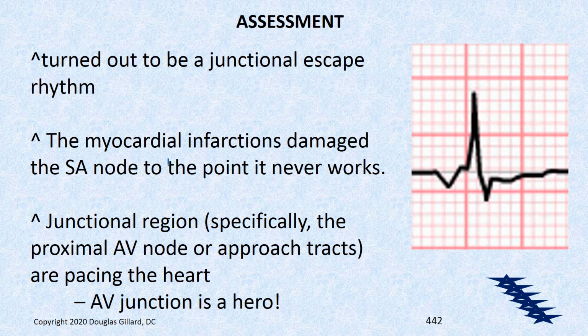The patient had a myocardial infarction that damaged the SA node, and they had a delayed reaction, or maybe they missed it at the hospital. But they have a junctional rhythm all the time because the SA node was damaged. And this time the AV node is not mischievous at all. It's just saving this guy, pacing the heart. We can tell it's coming from the proximal AV node because the P wave is before the QRS complex.